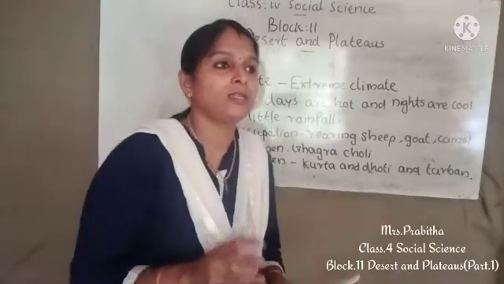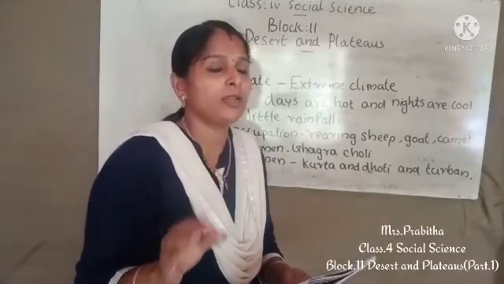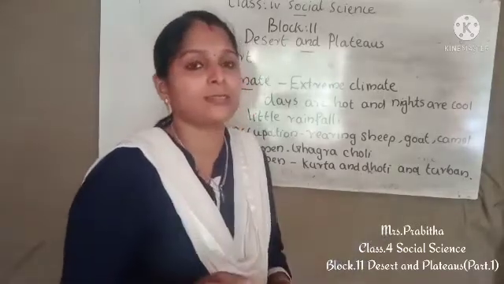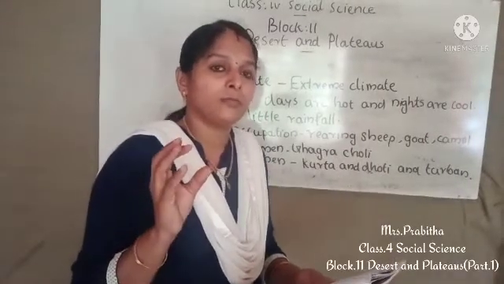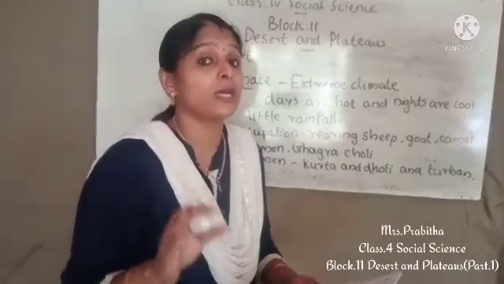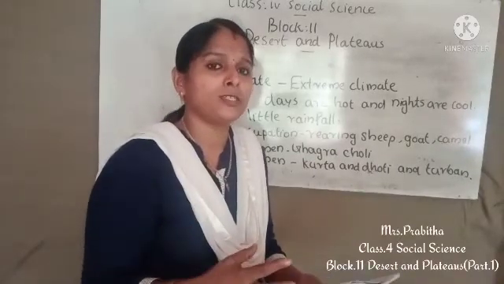So you can write first the clothes people wear. Which kind of clothes people wear? The people in the desert of Rajasthan wear colorful clothes. Women wear gagra choli and men wear kurta, dhoti and a turban. Then we can write the main occupation of the people.